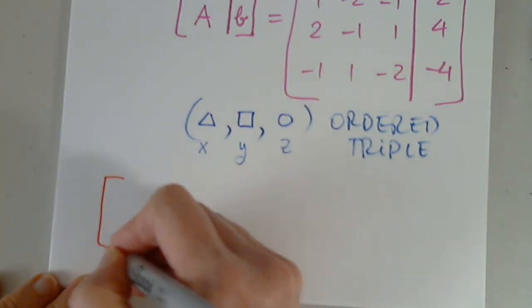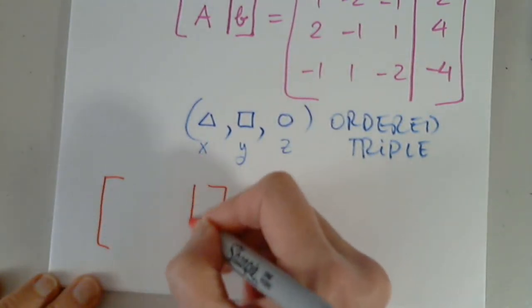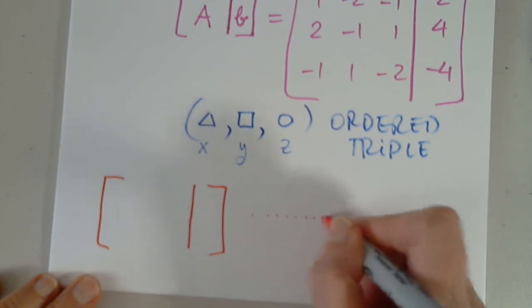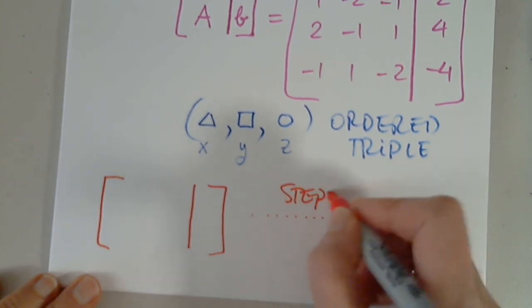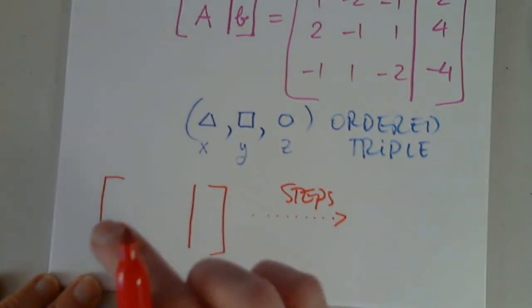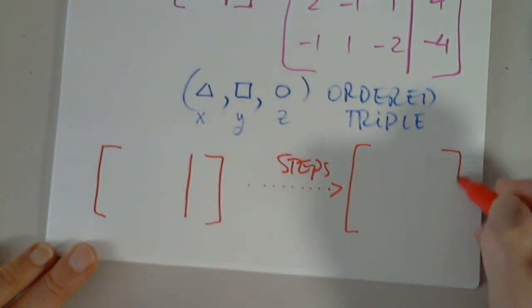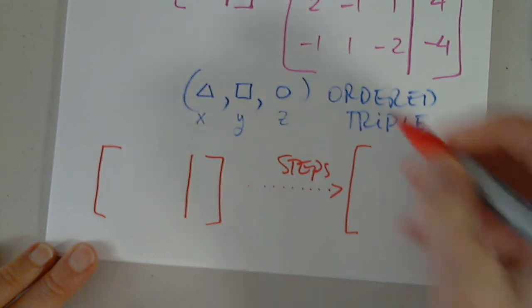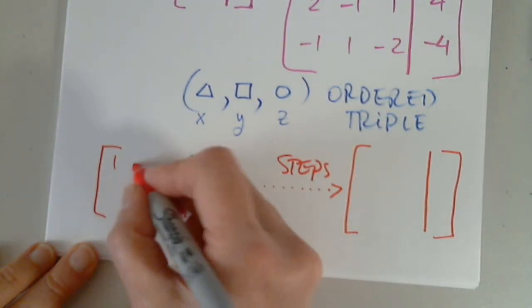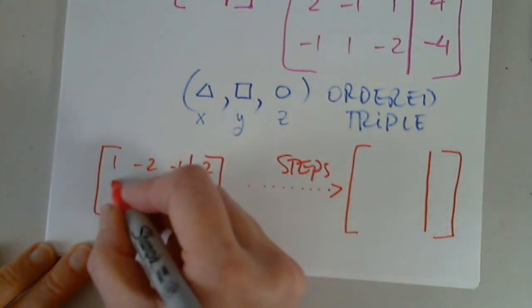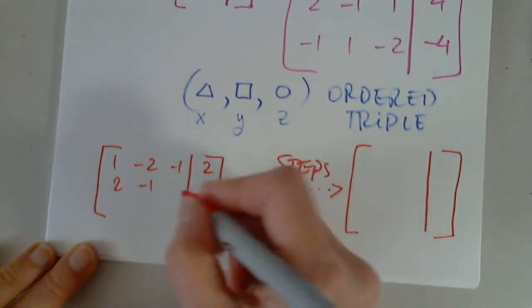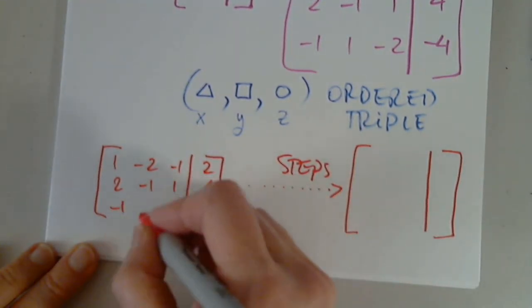I want to start with the augmented matrix, and through a sequence of steps, I want to get this augmented matrix to look like this. I didn't copy it. Let me copy it so it's clear what I'm trying to say. I'm not going to do the method here. There's not enough room anyway. But let me write it.